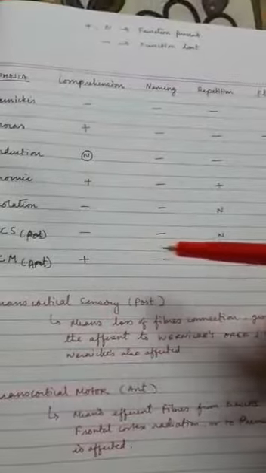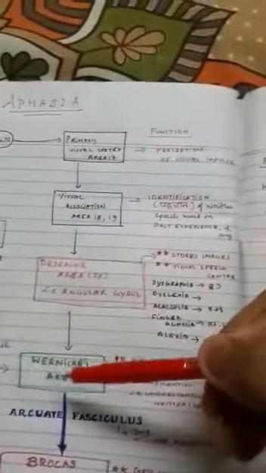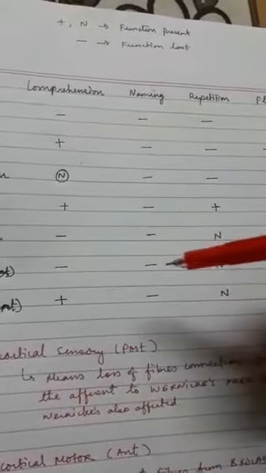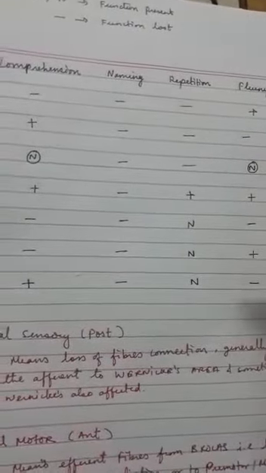The fibers coming to Wernicke's, from anywhere, are lost, so there may be some kind of problem in naming also, but there is no problem in repetition, as there is no problem in the conduction path, and there is no problem in Broca's, so fluency is normal.